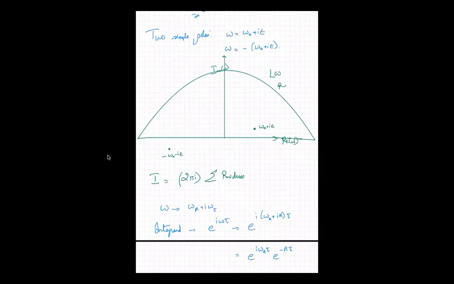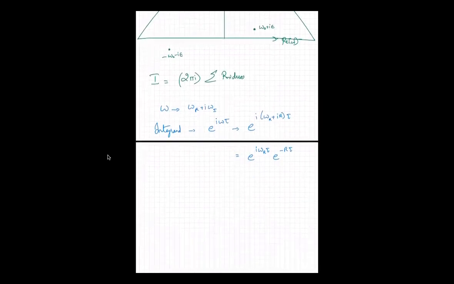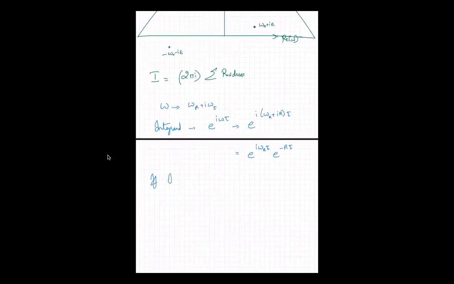If I close the contour on the lower half here and pick up the pole at minus omega 0 minus i epsilon, I run the risk of having an infinite amount of contribution from the imaginary part of the integration, because if I close the contour on the lower half, then e to the i omega tau will go to e to the i omega real.